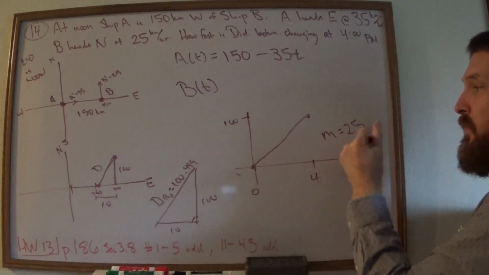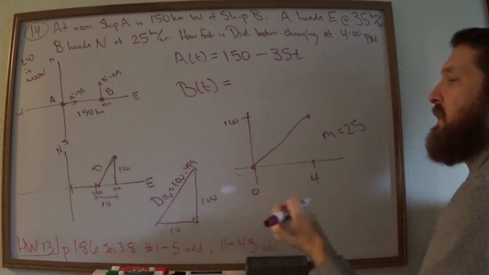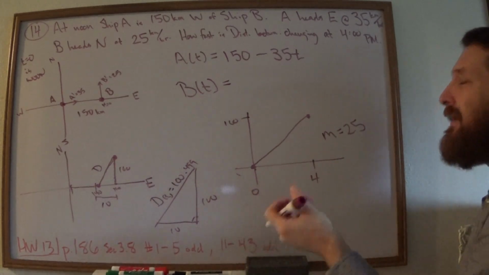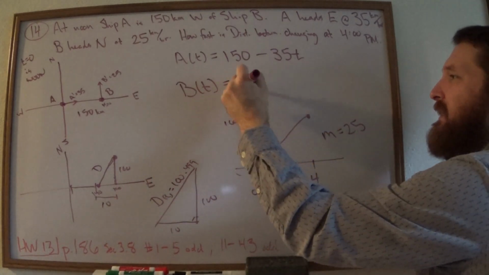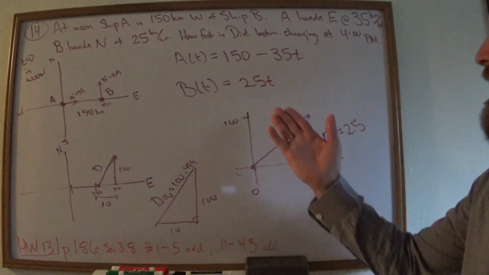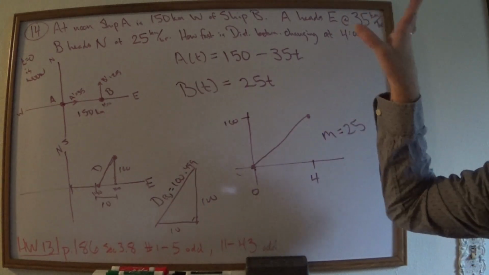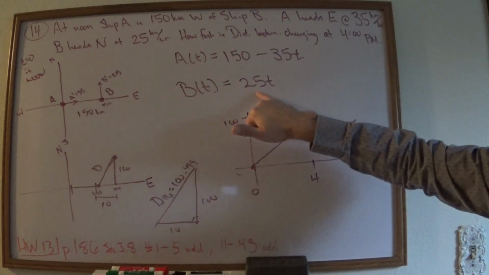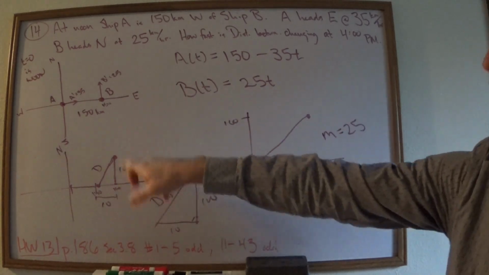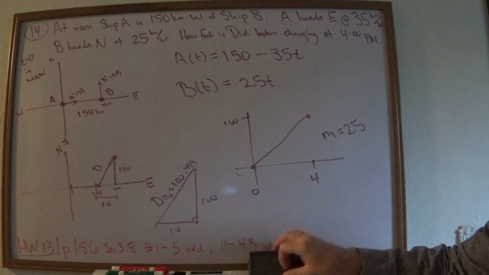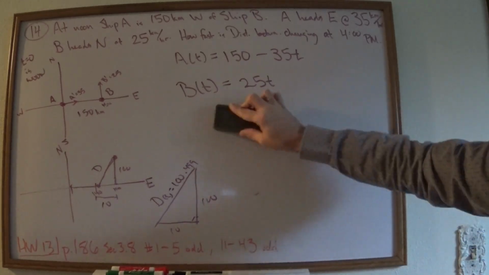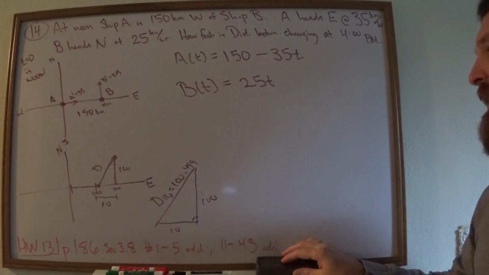And it goes through the origin, so it must be the case y equals mx plus b, or b equals mt plus little b, would be 25t plus 0. Or you could say, well, hold up, it's moving at 25, so it has to be 25t, because it's constant. And then figure that out, okay? So, a few different ways of doing it. One way or another, we have our A, we have our B.